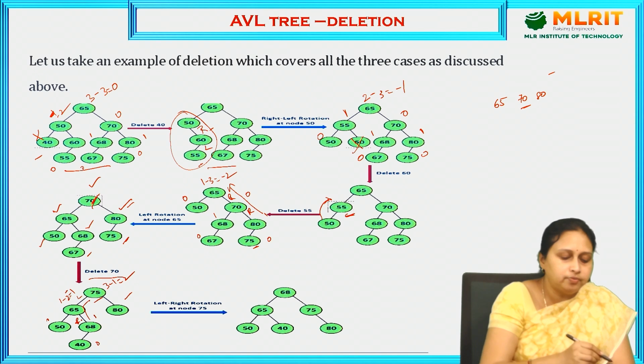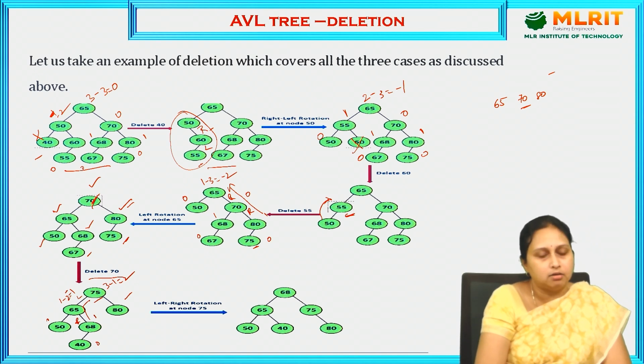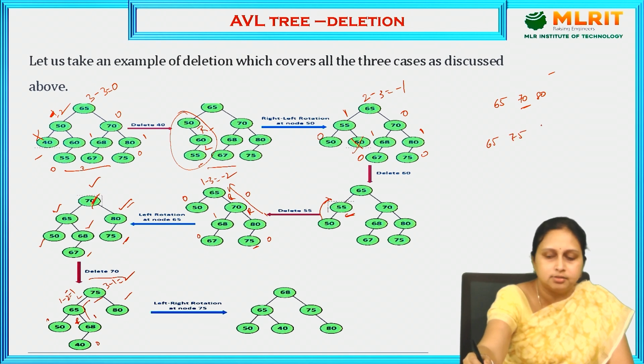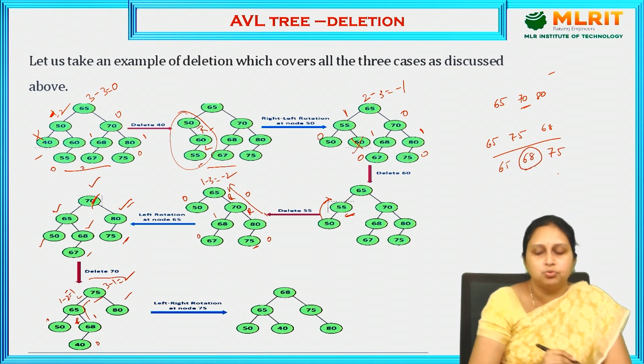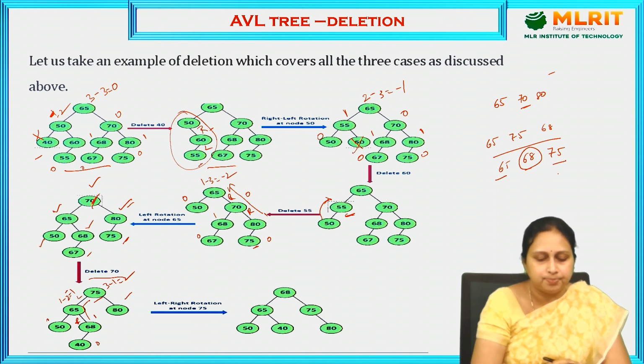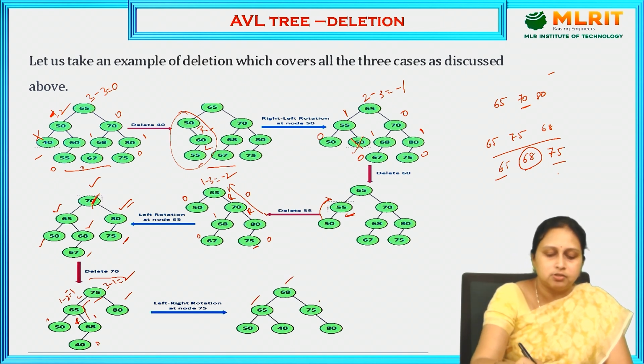LR rotation we need to do. How are we going to rotate? What are the three elements we have? 65, 75 and 68. First represent them in order: 65, 68 and 75. Now 68 becomes the root node, 65 becomes the left child and 75 is the right child. 68, 65, 75.